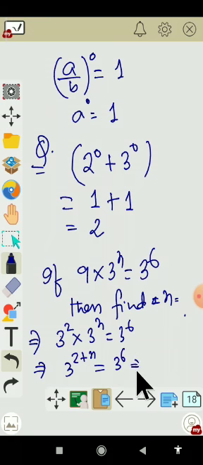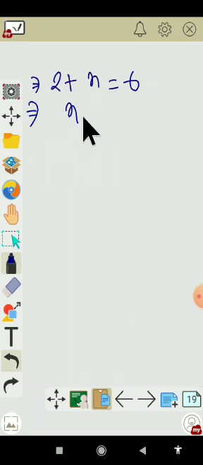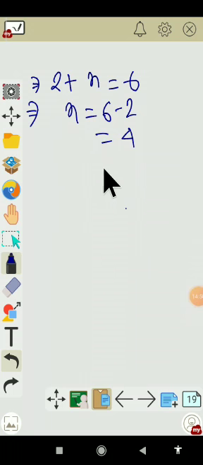The bases are the same on both sides, so their powers also will be the same. That means 2 plus n equal to 6. So from this we will get n equal to 6 minus 2, that is 4. So the value of n will be 4 here. n is 4. So this is the required answer.